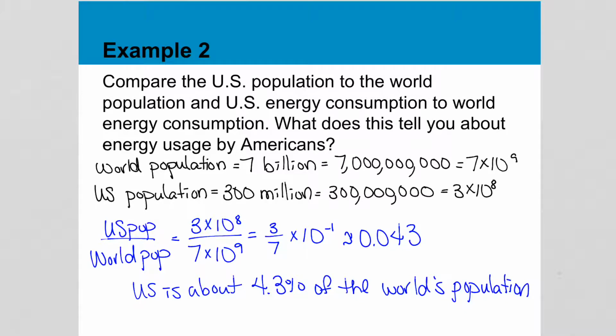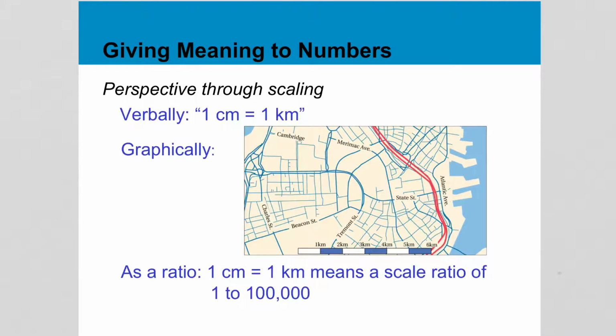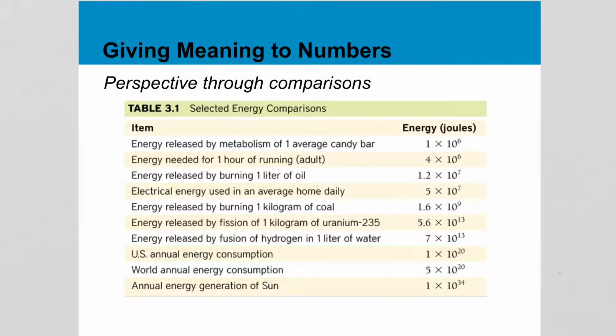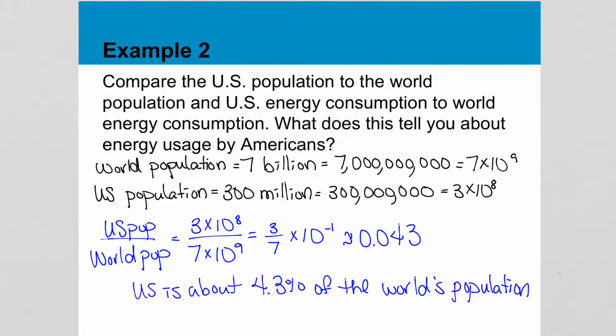How much energy consumption do we use? Let's see. There's a table around here somewhere. Oh, it was back here. Okay. So we need to compare the U.S. energy consumption to the world's energy consumption.